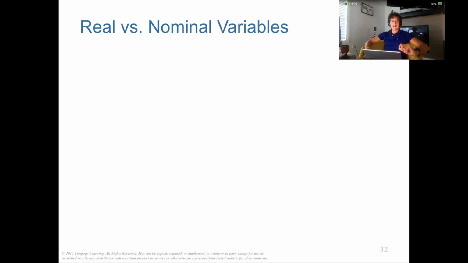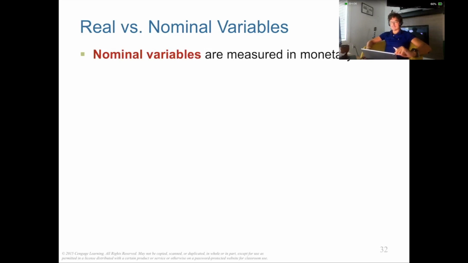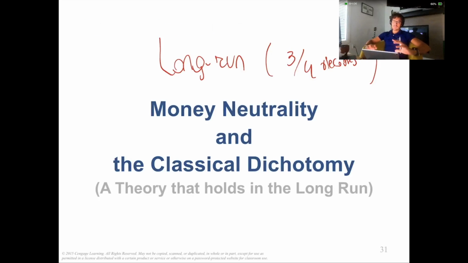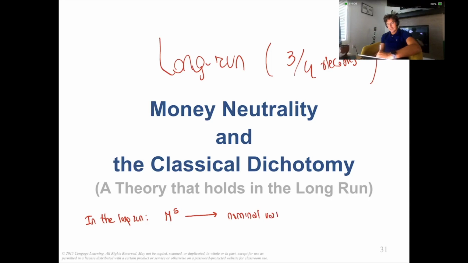So, real versus nominal variables. Actually, let me put this a little bit in context. What the theory of money neutrality and classical dichotomy say is really the following. It's saying that in the long run, money supply affects nominal variables.